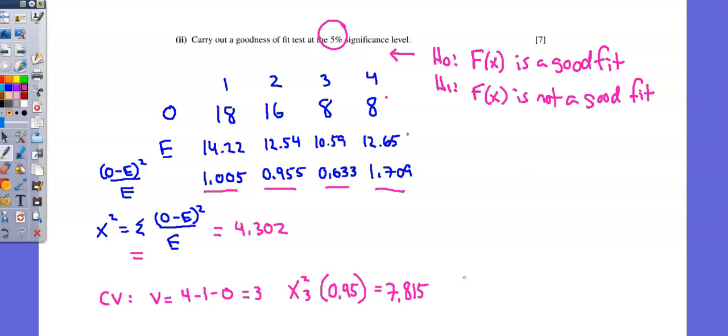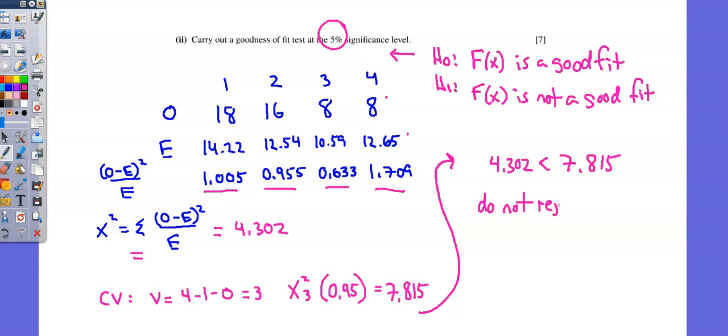So now continuing on, after identifying the null and alternative hypotheses, I do the analysis I've completed on the left side of the screen. From there, I'll compare. 4.302 test statistic is less than 7.815. Based on this comparison, I do not reject the null hypothesis.